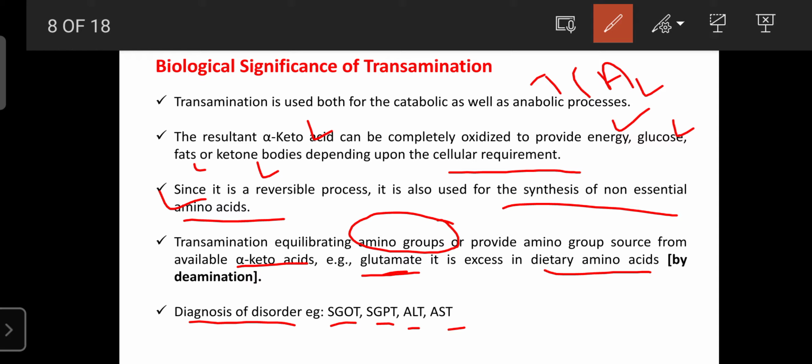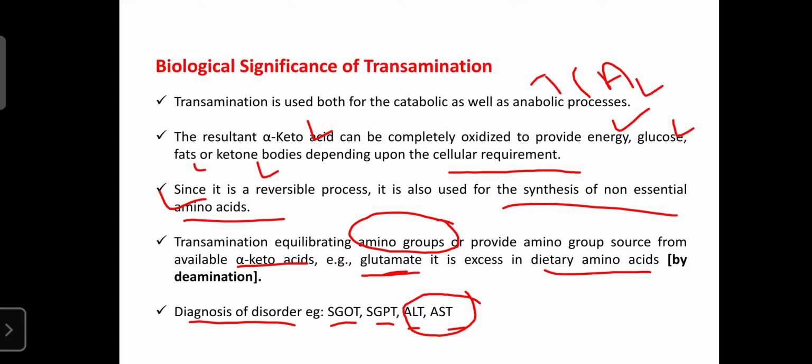Among SGPT, SGOT, ALT, AST, it is seen more frequently in the various disorders of the organs. And estimations of these enzymes can give a clue regarding the progress of disease and therapy, as well as being helpful for the diagnosis of abnormal physiology and disorders.